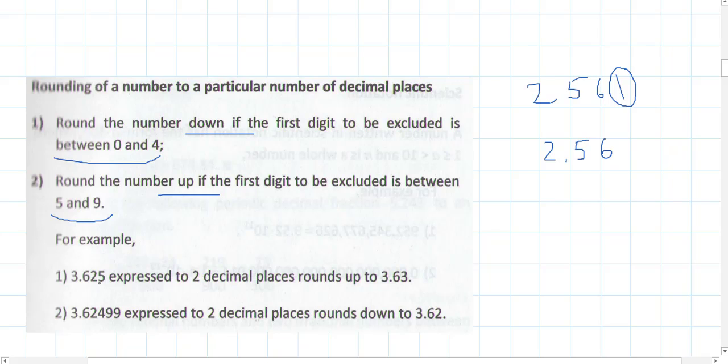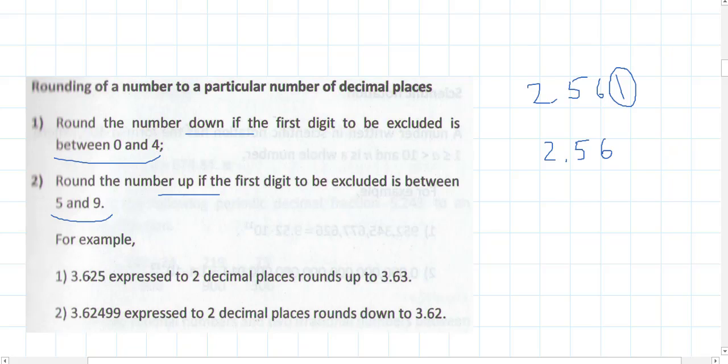Here are also examples. For example, 3.625 expressed to 2 decimal places rounds up to 3.63, because the third decimal place is 5, and if it is greater than or equal to 5, it will be rounded up.